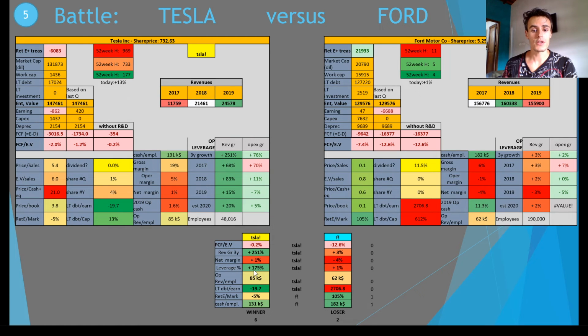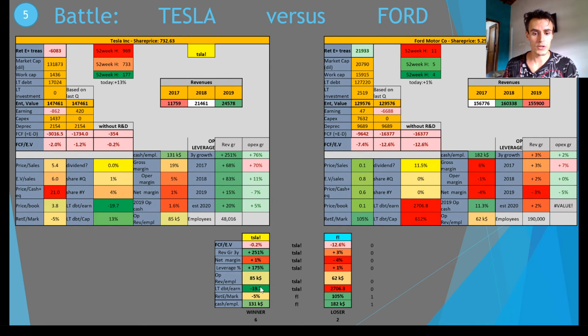The operating leverage, which is the revenue growth minus the OPEX growth, is much better for Tesla than Ford. Ford doesn't have any revenue growth, and the OPEX growth was also constant. So basically Ford is not growing at all. Also, the operating revenue per employee can be a very good indication of the efficiency of the company. For Tesla, it's a little bit better than Ford.